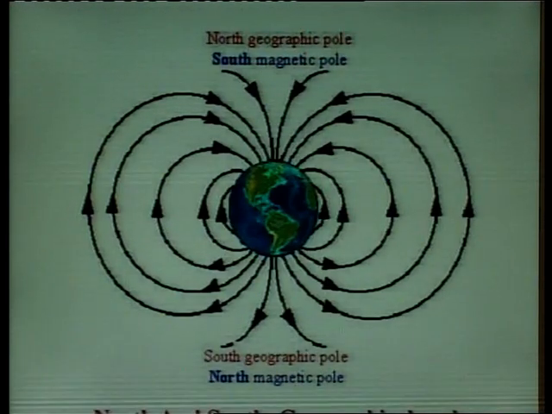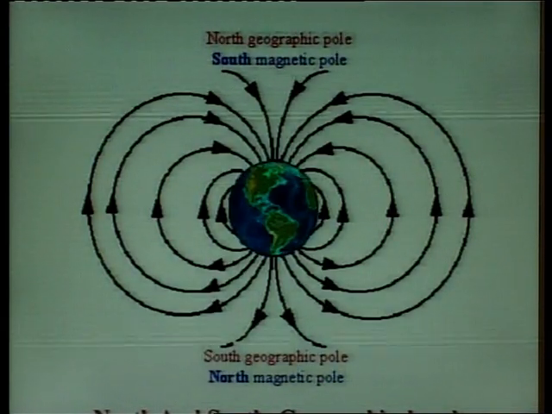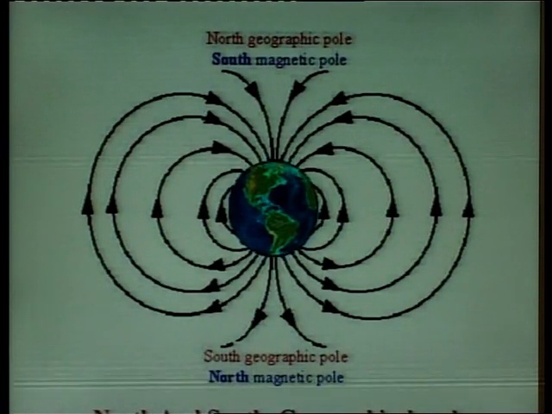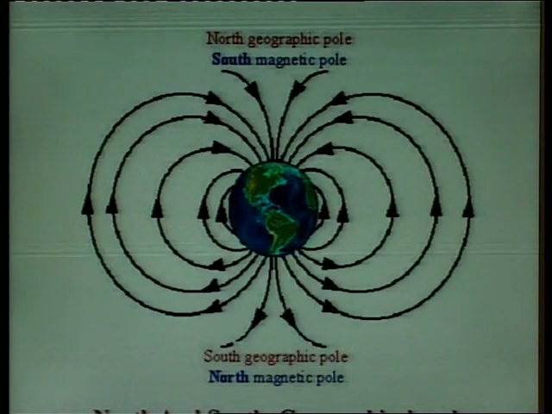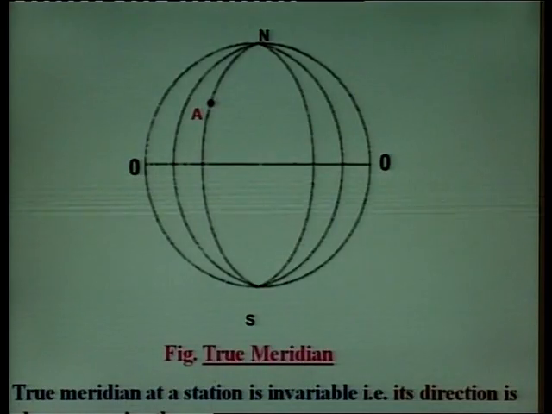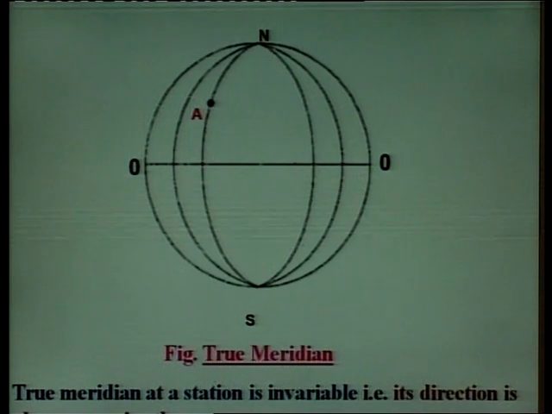So, on your monitor screen, this is the picture of the north and south geographical poles we have. Please see on your monitor screen the picture of the north and south geographical poles. So, the true meridian at a station is invariable, that is, its direction always remains the same.